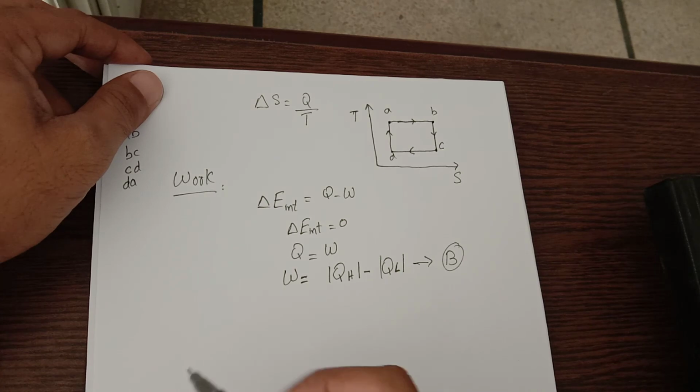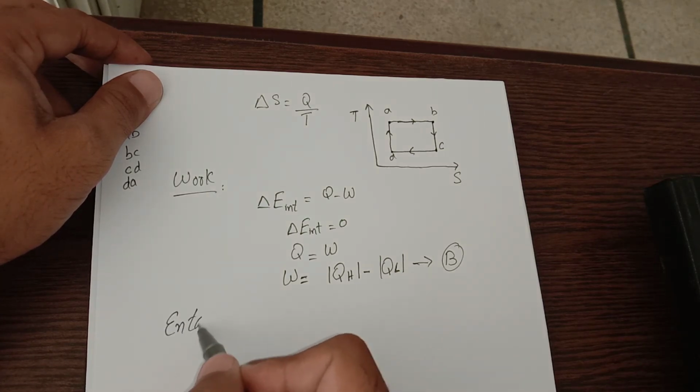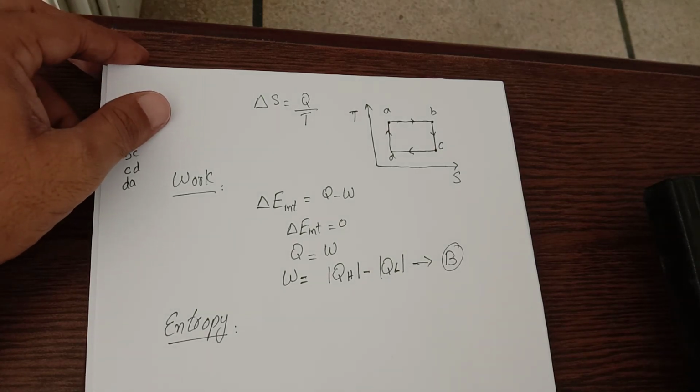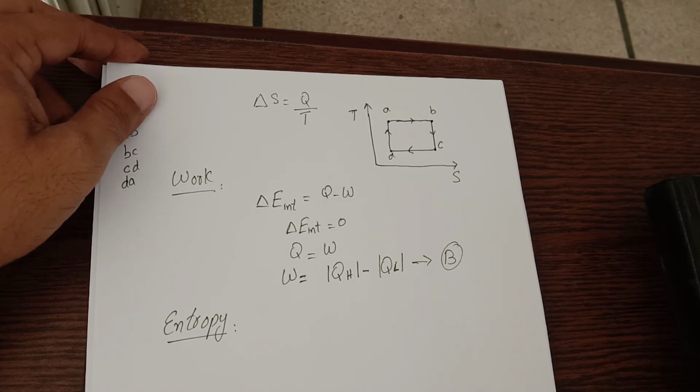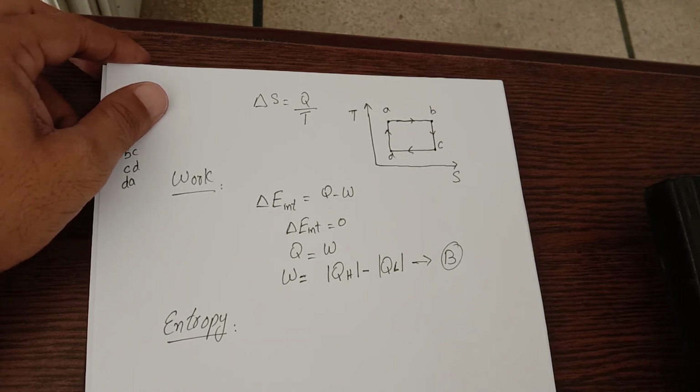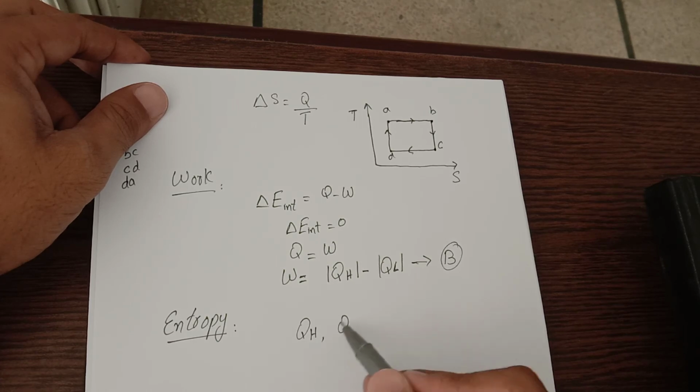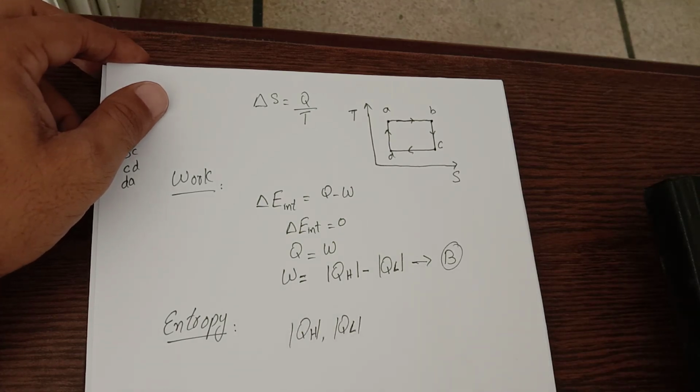Next comes the entropy in case of a Carnot engine, and there are two types of heat energy transfer in a Carnot cycle. One is the amount of heat QH which is extracted from the high temperature reservoir to the working substance, and the other one is the amount of heat QL which is released by this working substance to the low temperature reservoir.